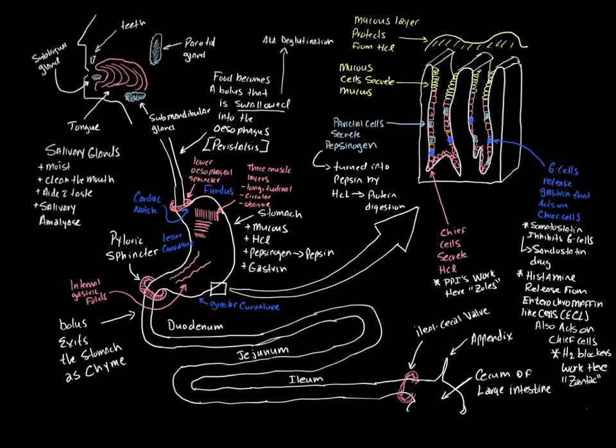And this is an interesting concept because the GI tract, if you think about it, is basically a tube that goes through your body, starts at your mouth, and ends at your anus. And guess what? It is a tube that is completely separated from the internal environment of your body.